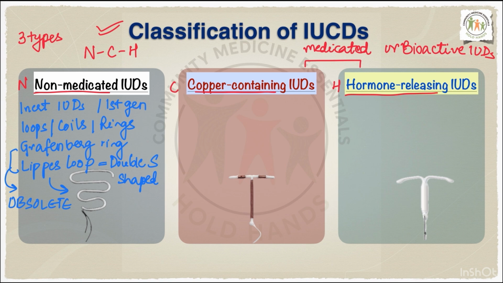Copper containing IUDs are second generation IUDs. Copper has a strong anti-fertility effect.